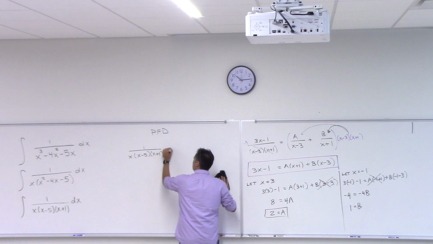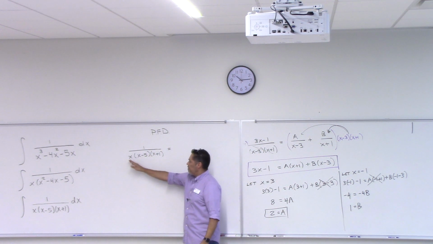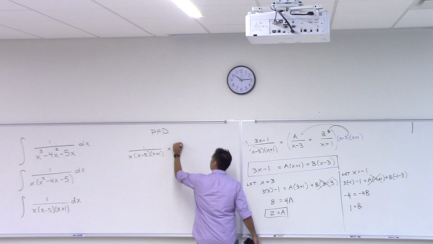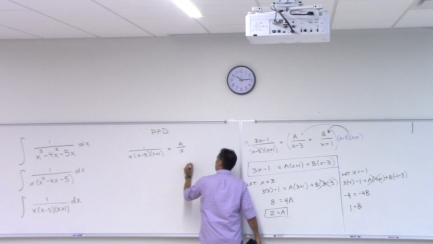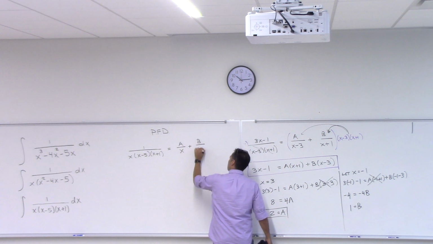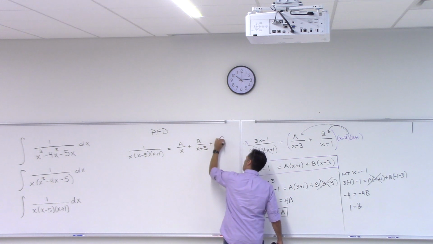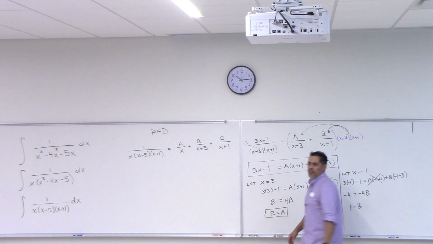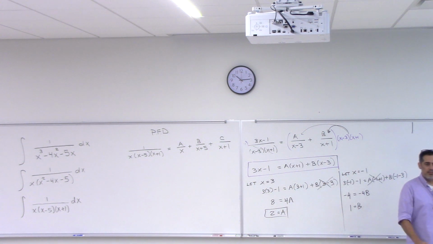Because there are 3 distinct linear factors, I know it's going to be some number over the first distinct linear factor plus some number over the second plus some number over the third. So I'm going to have 3 things I need to solve for.